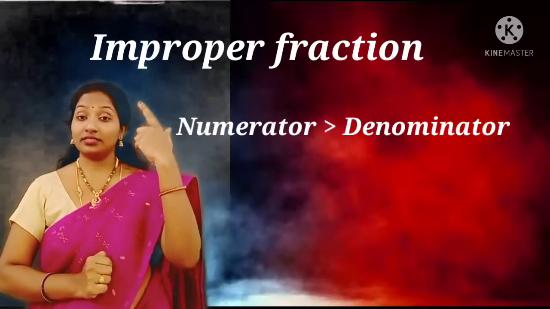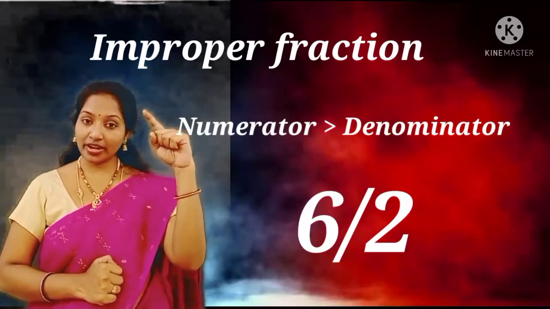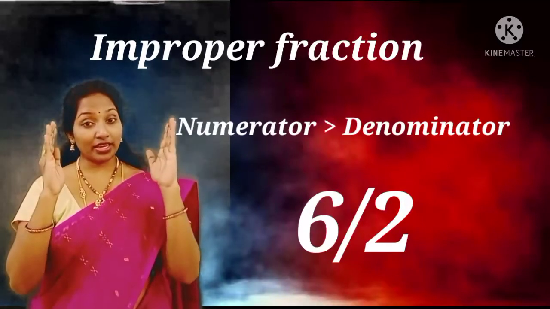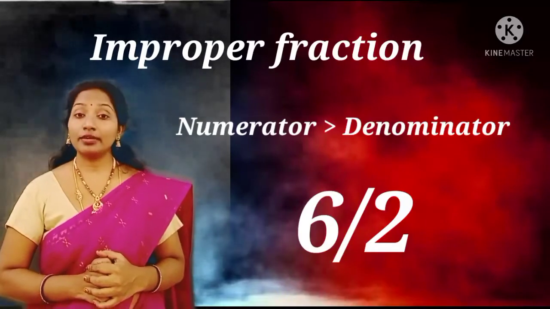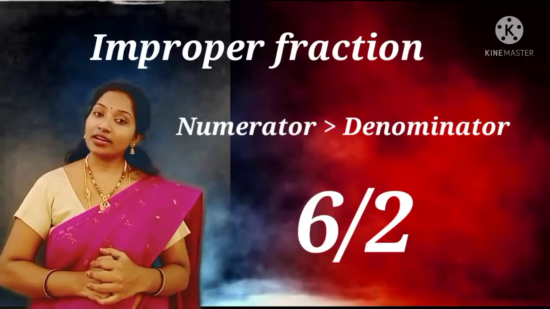Suppose 6 by 2. Here 6 is the numerator, 2 is the denominator. Here 6 is big, 2 is small. So it is an improper fraction. Here I want to tell one trick.